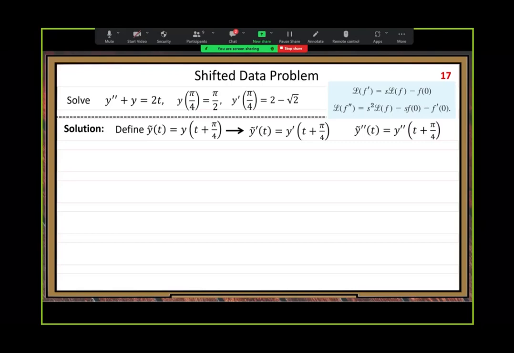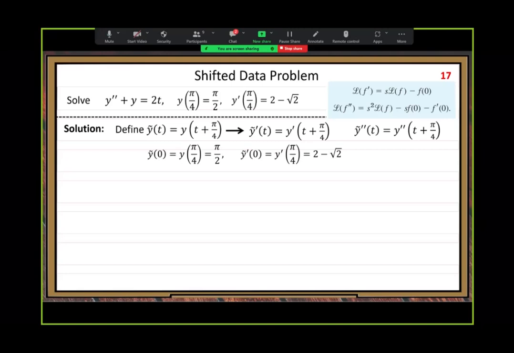Then the initial condition: y tilde of 0, you plug in t equals 0, that's pi over 2. y tilde prime of 0, you plug in t equals 0, that's y prime of pi over 4, 2 minus root 2.